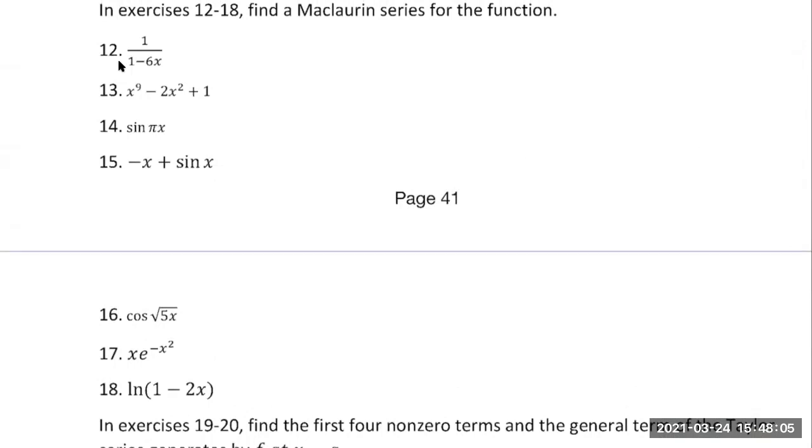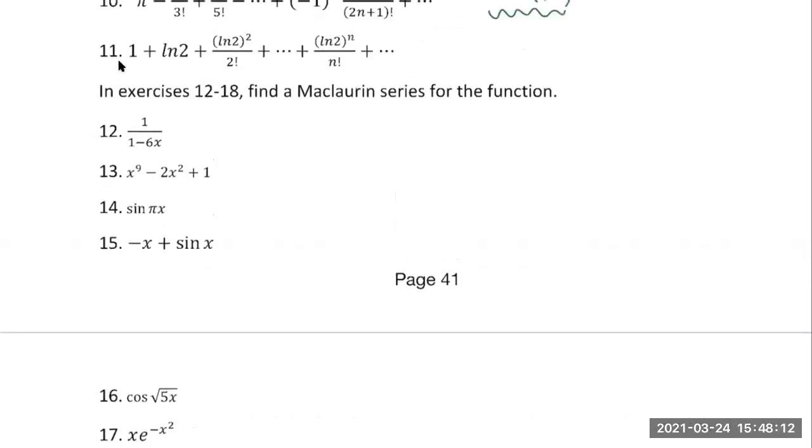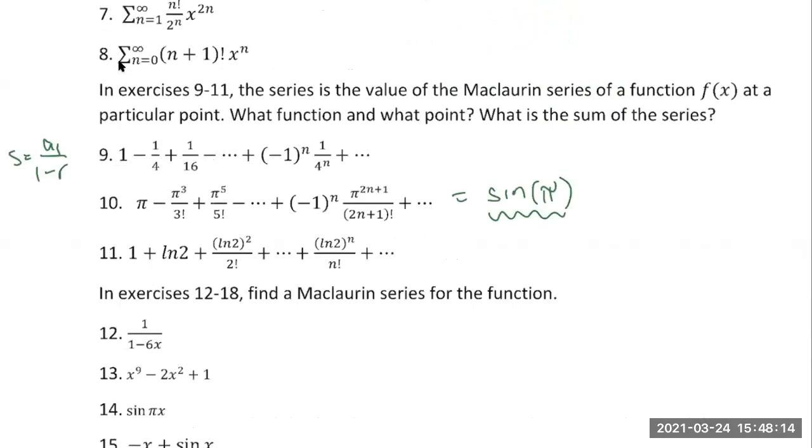Okay, another question, the idea that the sum of the series is the function with x plugged in, like number 9 through 11, only works for Maclaurin series. In theory, a Taylor series not centered at 0 also works the same way, but they wouldn't expect you to look at the coefficients and recognize what Taylor series it is. It's too complicated. But in theory, it should work the same way, right?